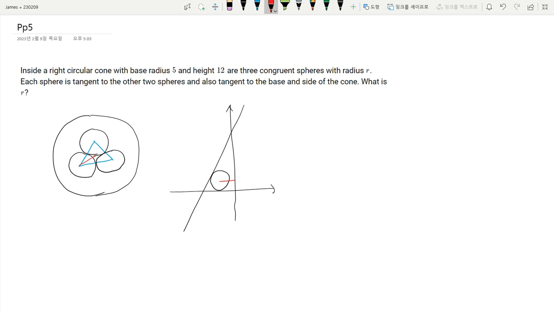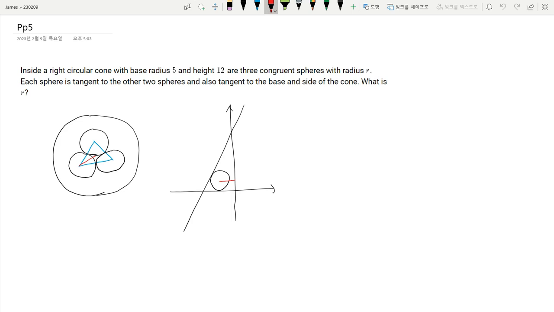If we connect the centers of these 3 spheres, we can make this blue equilateral triangle. So we want to find the distance from the center of one of the small circles to the center of the big circle. The big circle means the base of the circular cone. The distance is the red line in the figure.